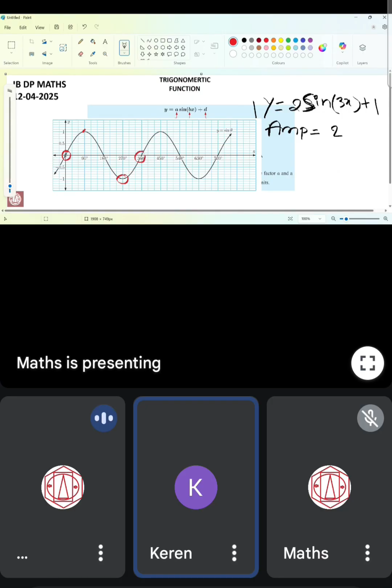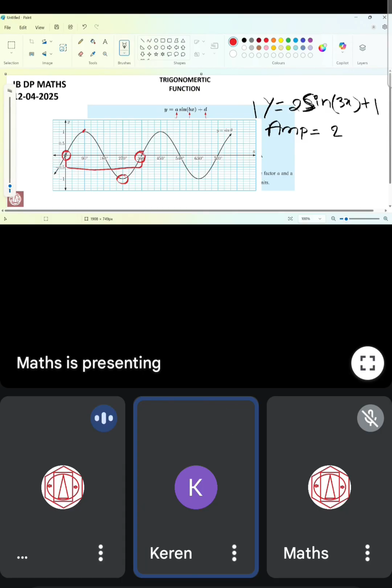Now, if you compare from 0 to 360-degree, what happens after 360? It's trying to make the same type of shape again, right? So it's repeating itself. The interval after which it repeats itself, that interval is called period of the function. So in this case, you can see that the period of this function is 360-degree, right?